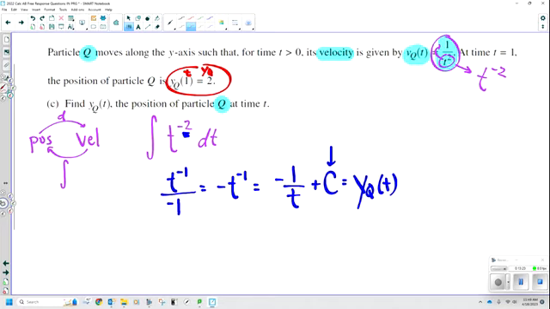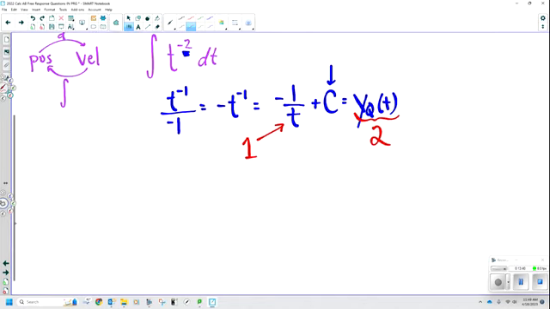All right? So when t is 1, my position is 2. All right? So let's go ahead and figure this out. -1 over my t, which is 1, plus c equals 2.